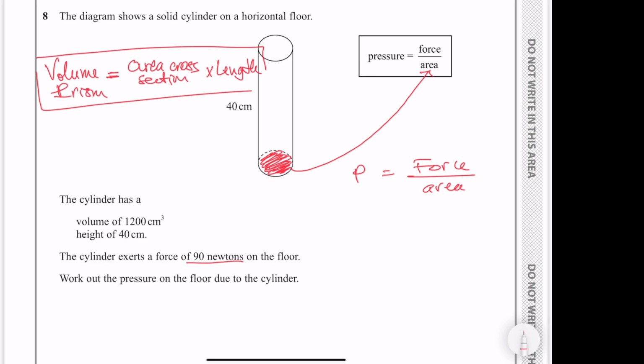The volume given is 1200. The area of the cross section is the one we're looking for, and the height is the length, which is 40. So if I want to find area of the base, or cross section, just do 1200 divided by 40, and that is 30 centimeters squared.